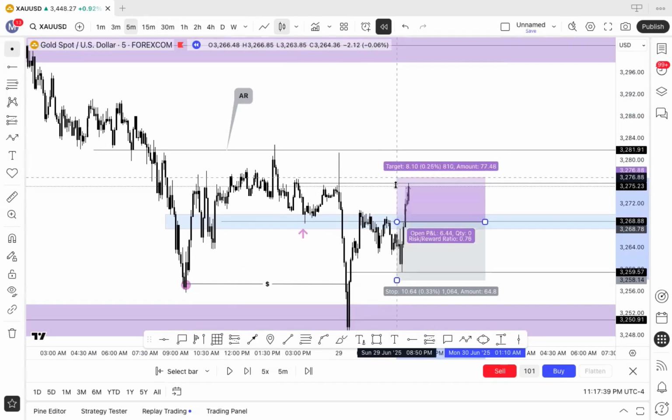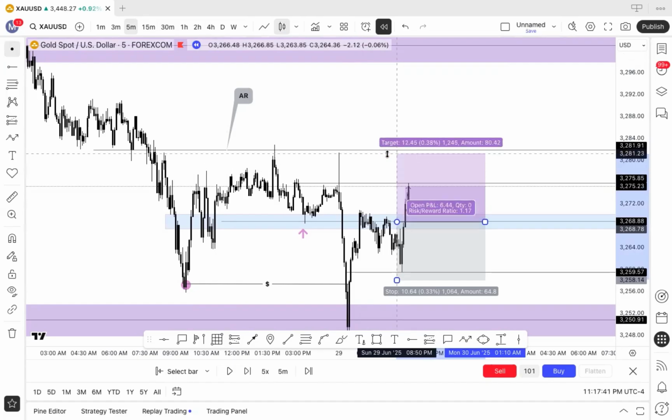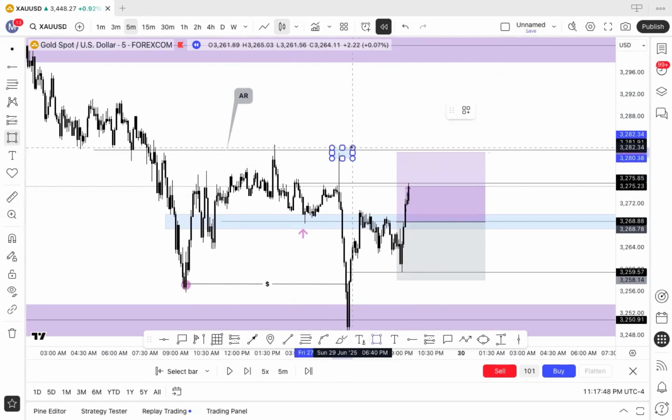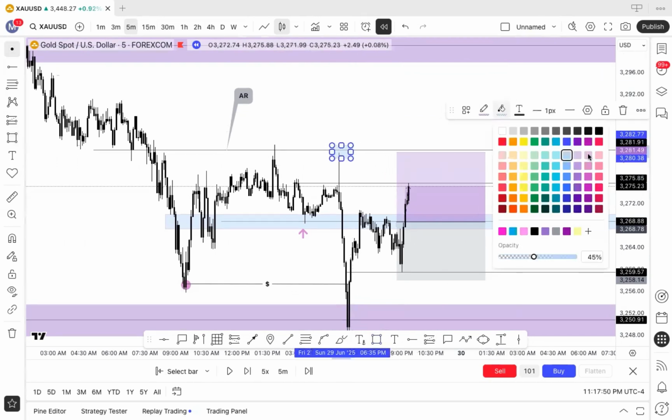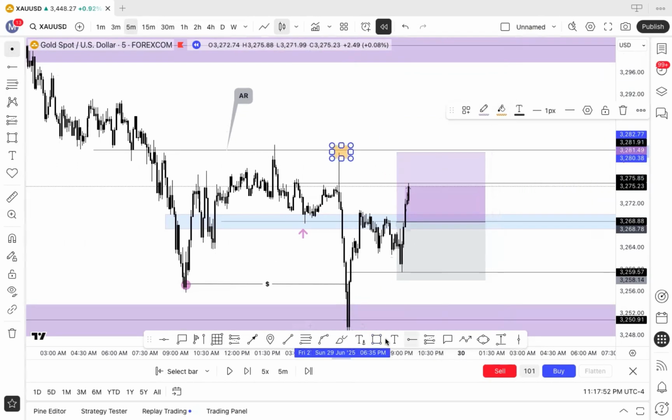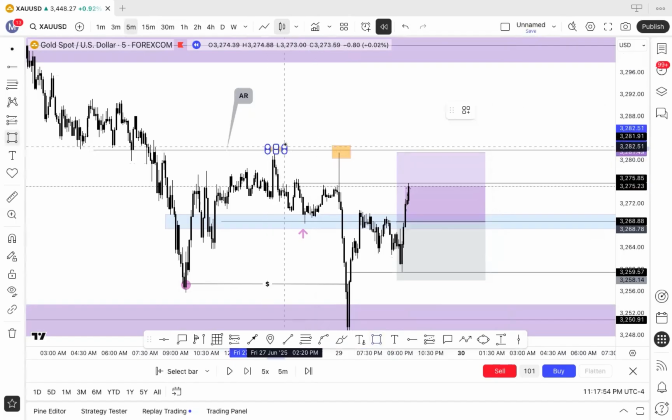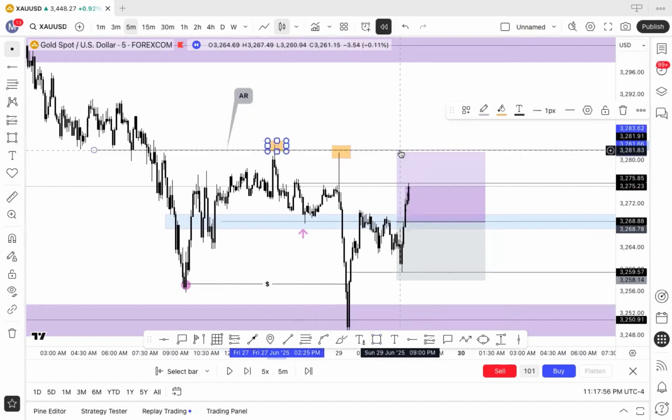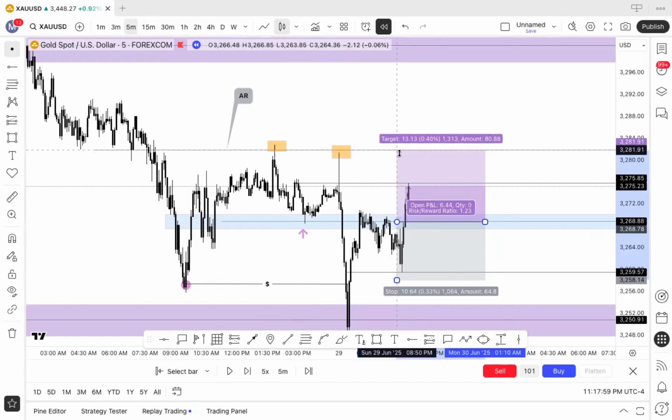I determine my targets, guys, as previous highs, because we know we want those broken, right? So all these levels here. So I'm just going to mark this previous high, this previous high. Okay, these are my targets, right? And if we fail to break, then we know we're going to come back down.